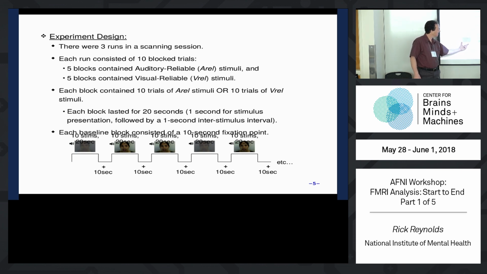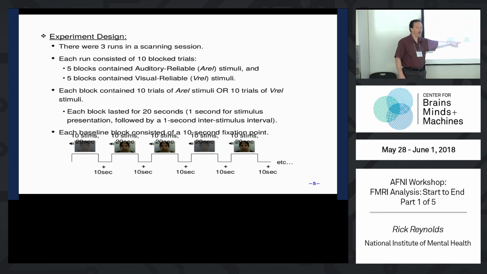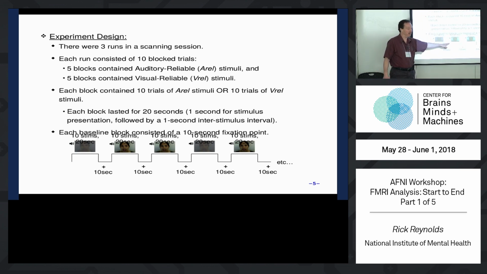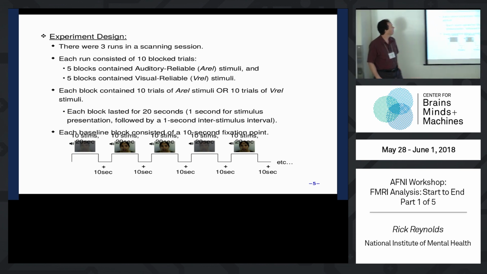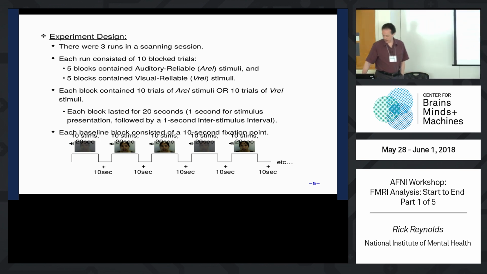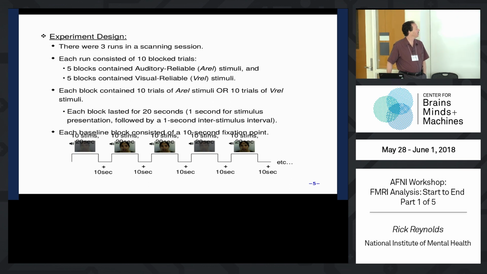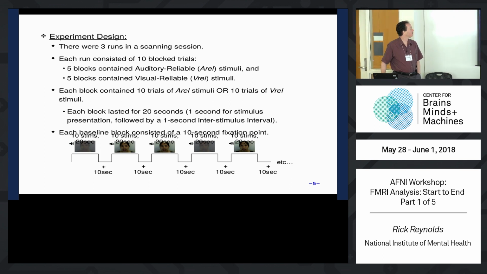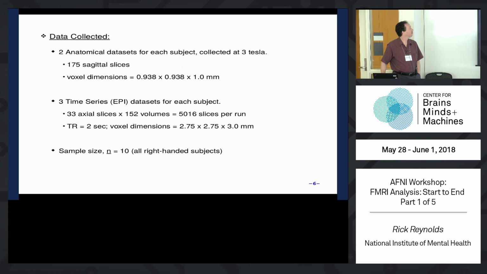So we have a 20-second stimulus of one type and a 10-second fixation, then 20 seconds of possibly the other type or not, it's random, and another fixation, etc. So we do this across 3 runs, and then, well, I guess that's good enough for this. 2 anatomical data sets collected. Again, in their case, they were going to do a surface analysis. We can actually run a surface analysis in here on Thursday, just to see the difference.